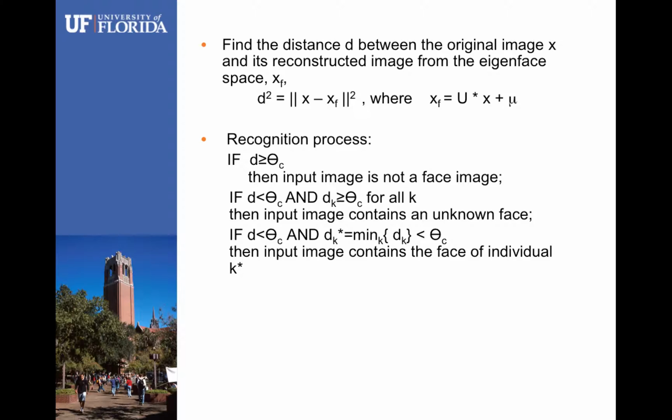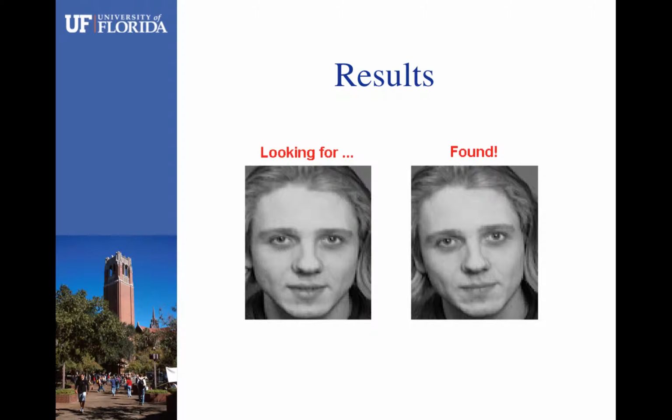That means this image is in the database. And if d is smaller than theta c and d_k is greater than or equal to theta c for all k, then the input image contains an unknown face. That means this face image is not in the database, but it's actually a face image.